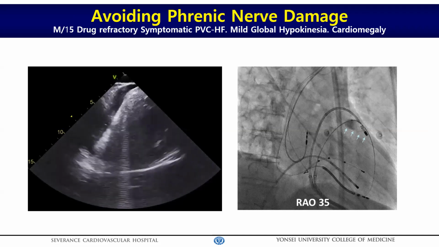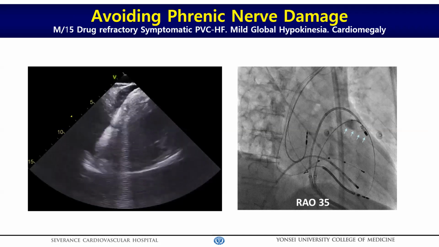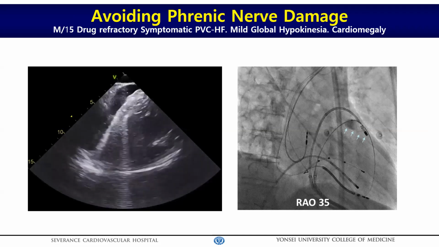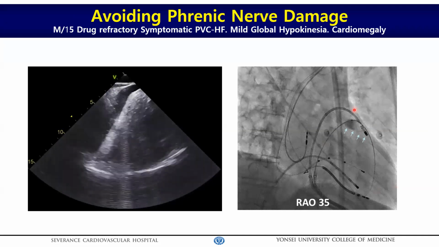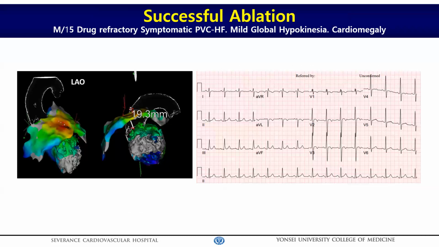However, if the capture threshold is lower, or there is still a risk of injury after filling the pericardium with saline, we need to use a larger volume to separate the epicardial surface from the phrenic nerve. So we could eliminate the PVC at the epicardial target site after pericardial saline filling, and the case finished with a happy ending.